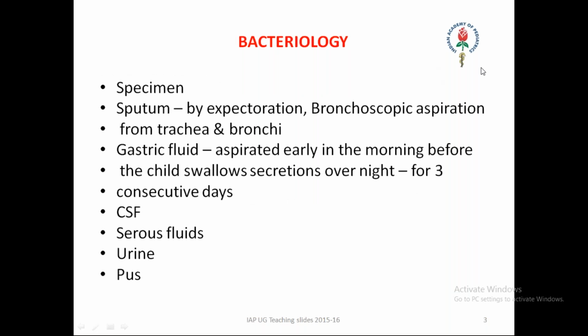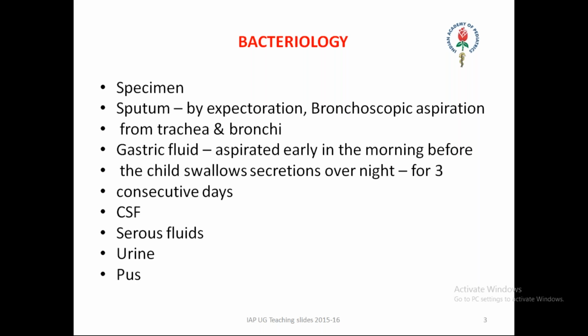So coming to the bacteriology, we usually have a specimen to rule out or isolate an organism. So what is the most common specimen in tuberculosis? The sputum, which you are well versed with. In an adult, we usually get sputum by expectoration. In children, we can take the gastric fluid because small children cannot expectorate or produce sputum.